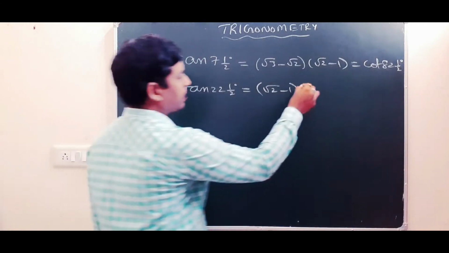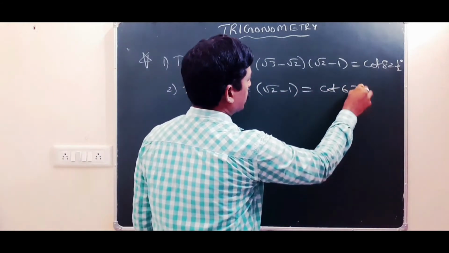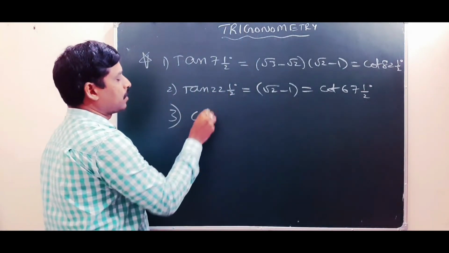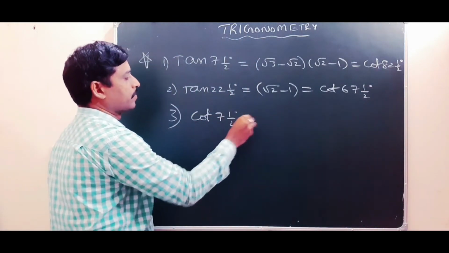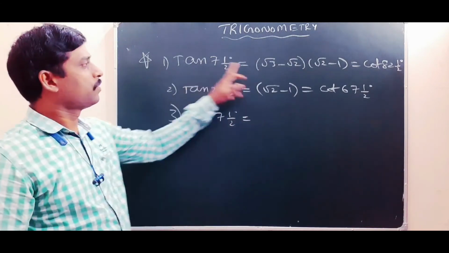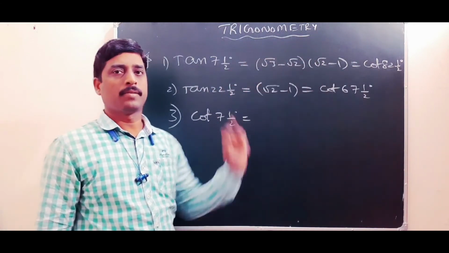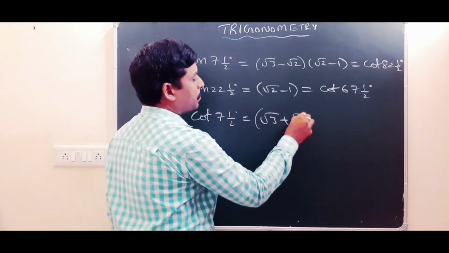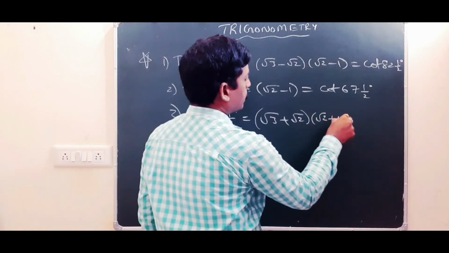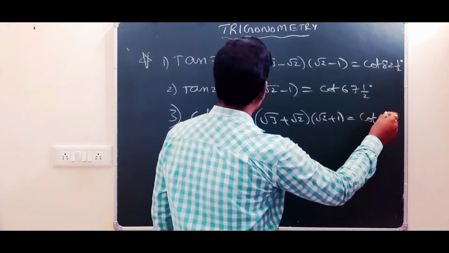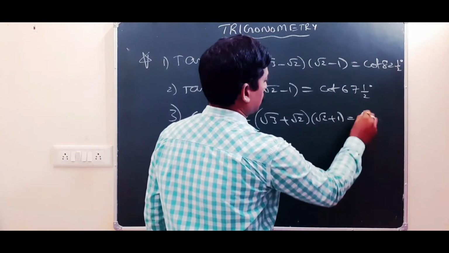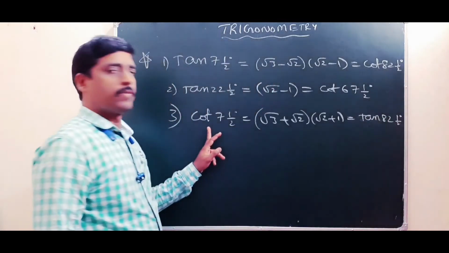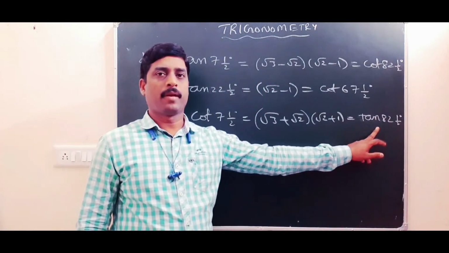This will be equal to cot 67.5. Next, cot 7.5 degrees. Tan 7.5 is root 3 minus root 2 into root 2 minus 1. Cot 7.5 value is root 3 plus root 2 into root 2 plus 1. Cot 7.5 is equal to tan 82.5.